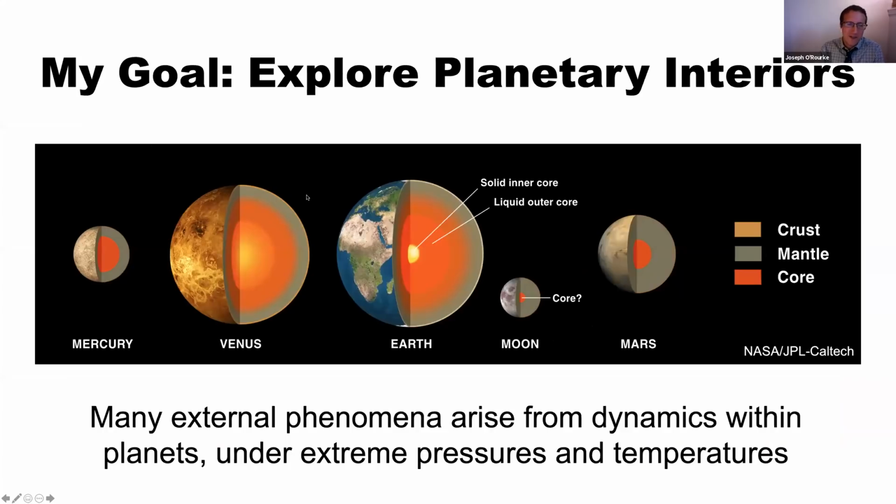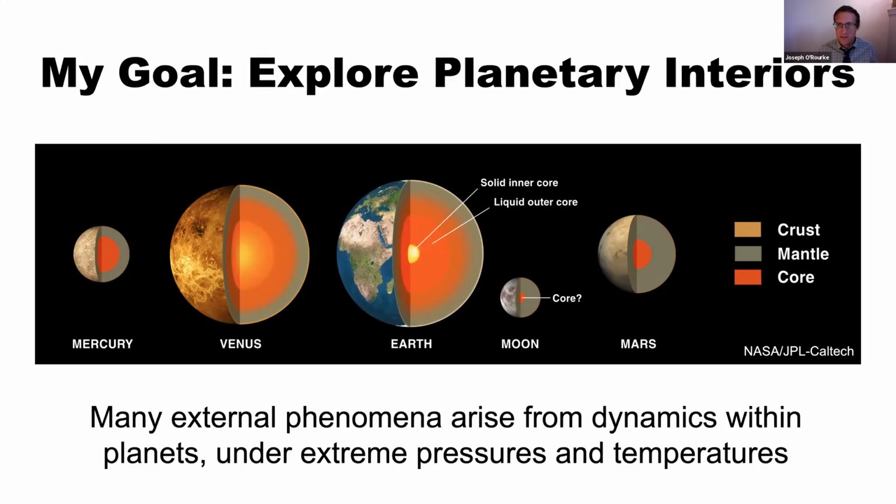So overall, my research goal is centered on understanding how the dynamics of planetary interiors influence surface properties. A lot of phenomena that control the habitability of surfaces over time, like volcanism, tectonics, magnetic fields, and atmospheric outgassing, all arise from things that go on deep below our feet on Earth.